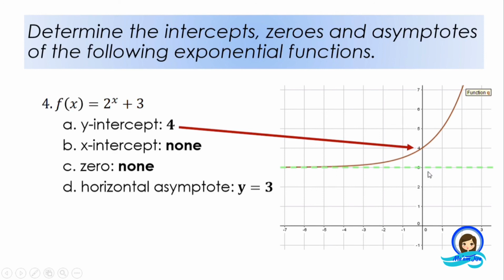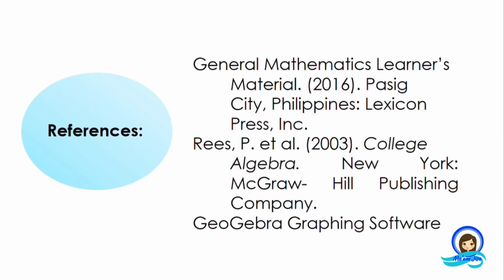As I've mentioned earlier, the number added that is not an exponent is the horizontal asymptote. That is why it's the line y = 3. And there is no vertical asymptote. So that is how to determine the intercepts, zeros, and asymptotes of exponential functions.